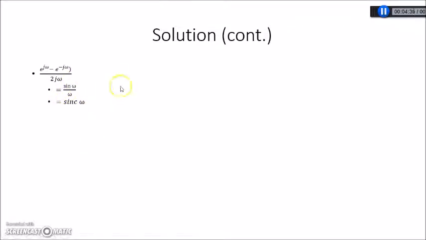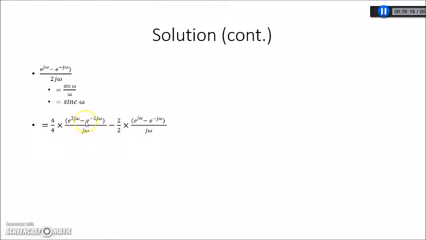To solve that, we use equivalence. Here we use 4 over 4 and 2 over 2 respectively. Why do we use 4 here and 2 here? Because the answer is in the exponentials. If we compare to the original equation above, for example, here is j omega, negative j omega, and here 2j omega, negative 2j omega.